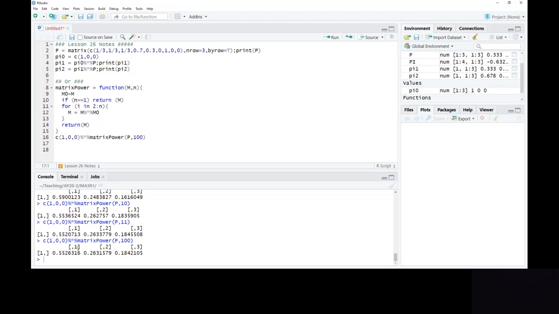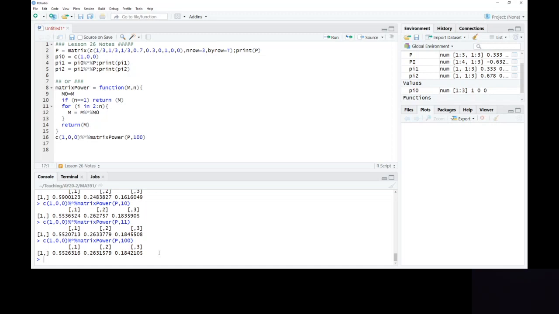So what that leads us to believe is there's some kind of limiting probabilities for a matrix. So for any particular state transition probability matrix, there's probably some probabilities that we are going to reach if we increment this thing enough.